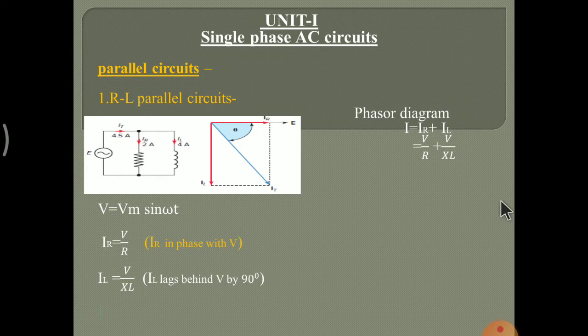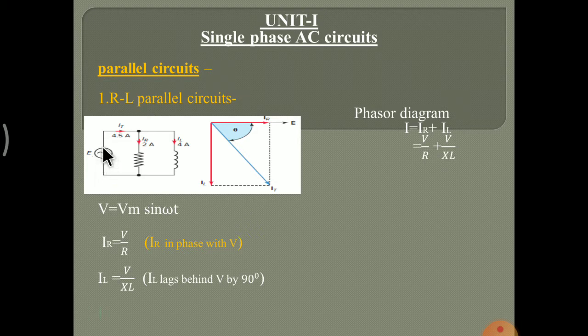First is the RL parallel circuit. In this image, you can see the first image is a parallel RL circuit. This is the symbol of R and this is the symbol of L, that is resistor and inductor. Resistor and inductor are connected in parallel with each other across the supply voltage, that is V equal to Vm sin omega t.